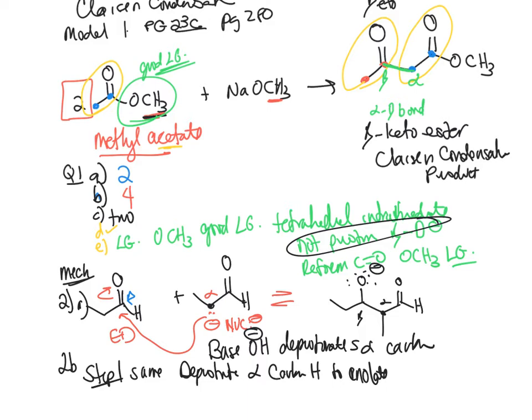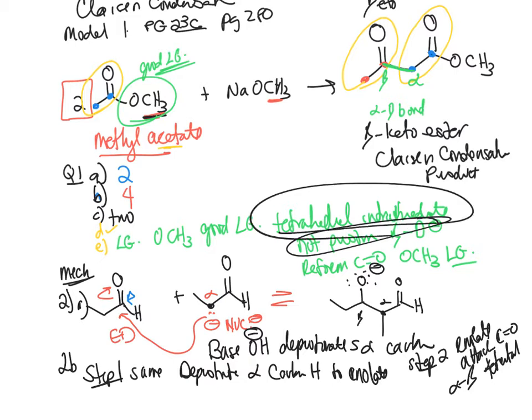And then step 2, the enolate will attack the carbonyl of your other molecule to form an alpha-beta bond, the tetrahedral intermediate. Okay, that's going to be the same. So that's how they're similar.